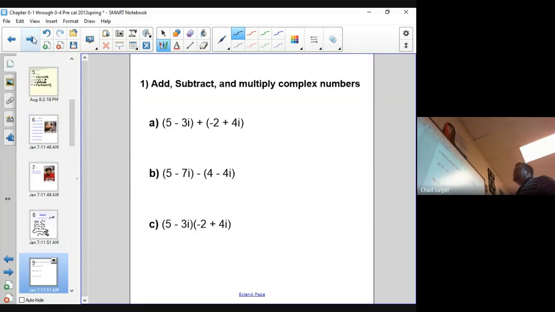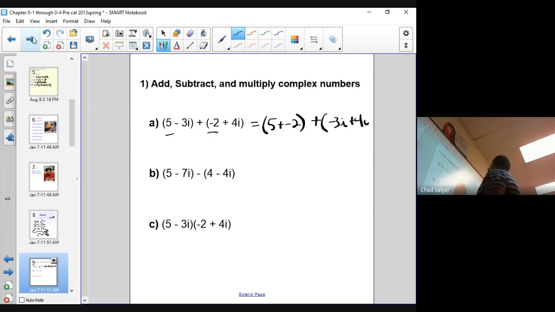Okay, so let's add, subtract, and multiply complex numbers. First of all, when we add these, we're going to find the like terms. So the 2 real parts are 5 and -2. And the 2 imaginary parts are negative 3i plus 4i.